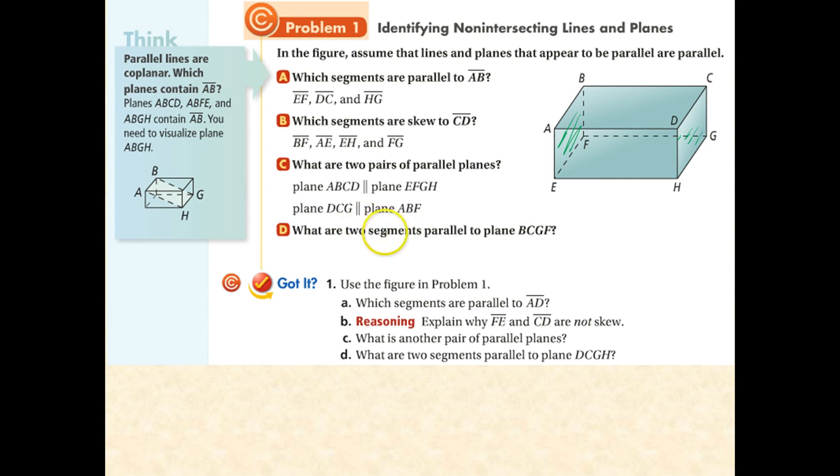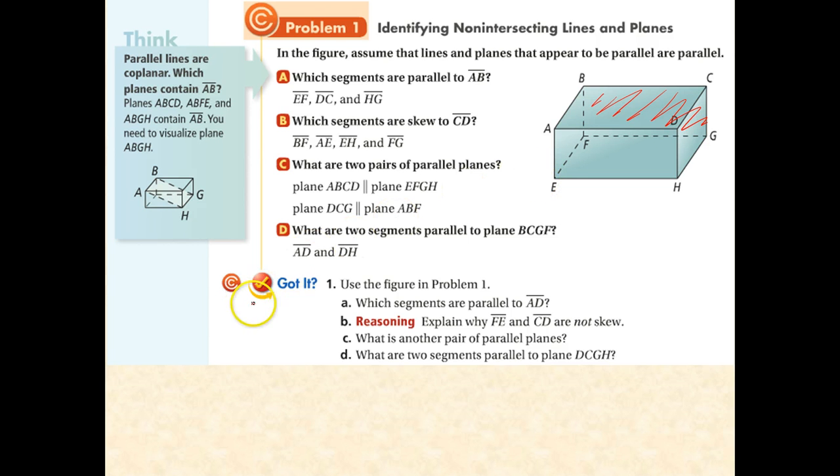What are two segments parallel to plane BCGF? So what are two segments parallel to this back plane here? Well, segment AD is parallel to that back plane, and segment DH is also parallel to that back plane. Yeah.